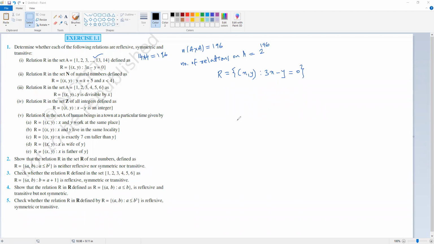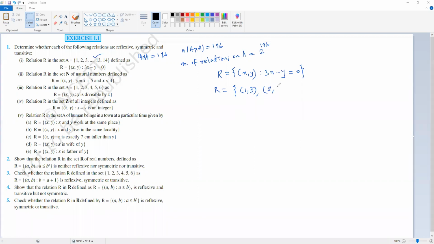So, what are the possible elements? Suppose आप x को 1 दे देंगे तो 3 into 1 3. So 3 minus 3 is 0. So 1 comma 3 is in the relation, isn't it? Then x को आप 2 दे देंगे तो 3 into 2 6.